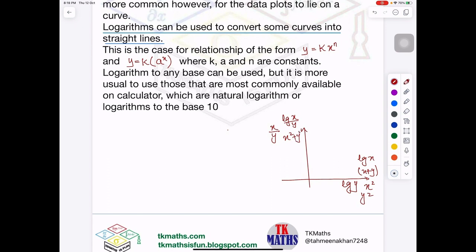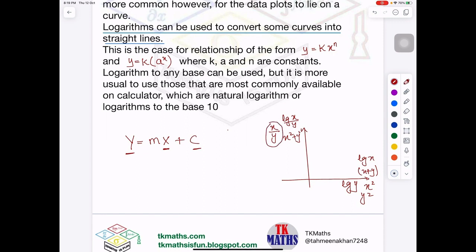So we will see, when we change any non-linear equation into linear form, what comes here? That will be your vertical axis. What comes here? That will be your x-axis. That will be your vertical axis intercept. I'm using the word vertical axis because whatever will be on the y-axis, it will be called that axis.